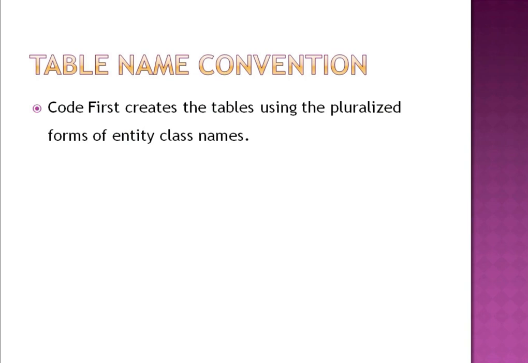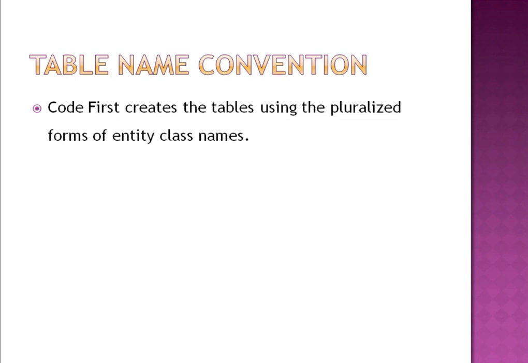First of all, we are going to see the table name convention. In code first, what we generally do is create a domain class, and from that our table gets created. So what is the convention for the table name? Whatever class name you have given will be pluralized, and that pluralized name will be the name of your table. Just assume that you created a class Customer.